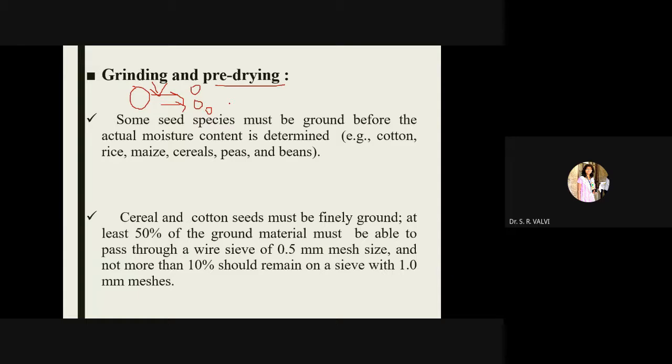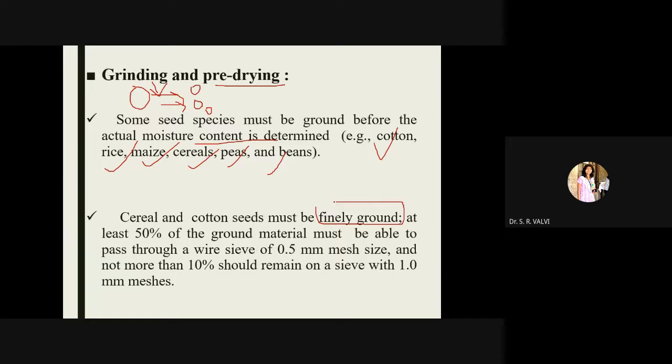So see here, some seed species must be ground before the actual moisture content is determined. For example, cotton seeds, rice, maize, cereal, peas and beans. Cereal and cotton seed must be finely ground.